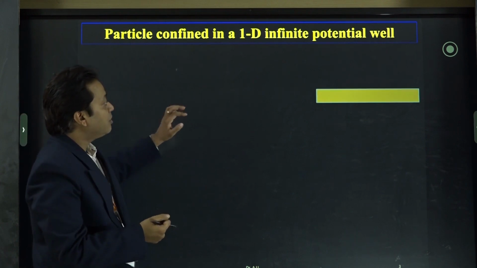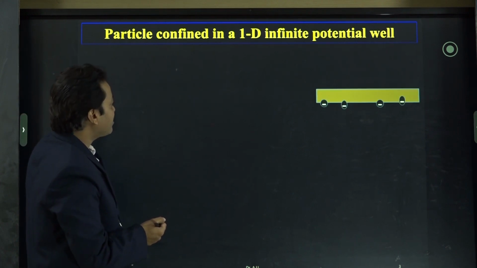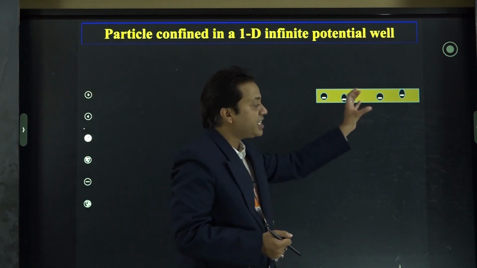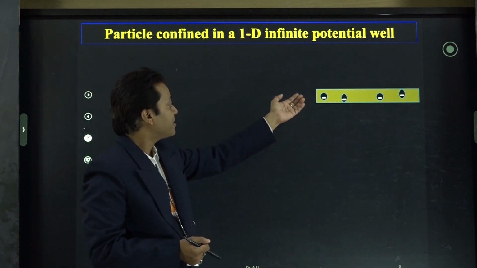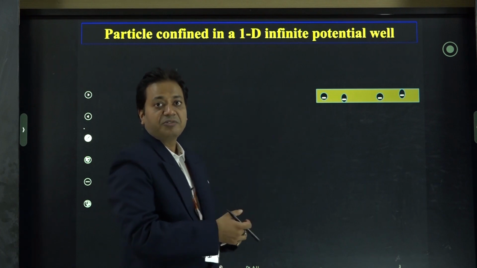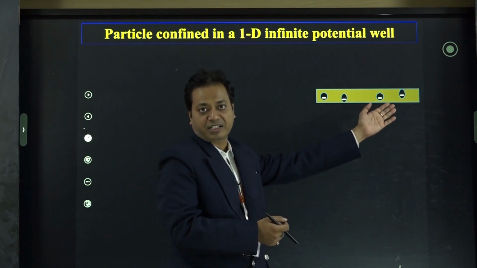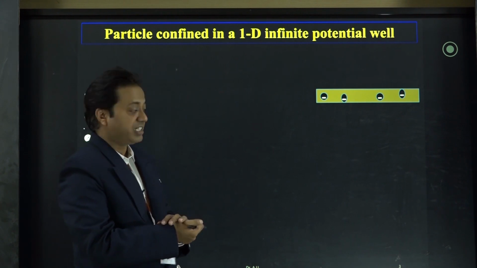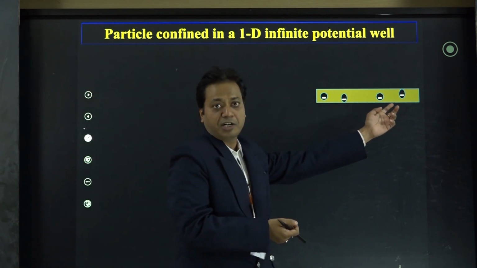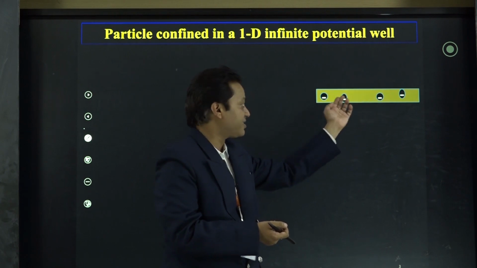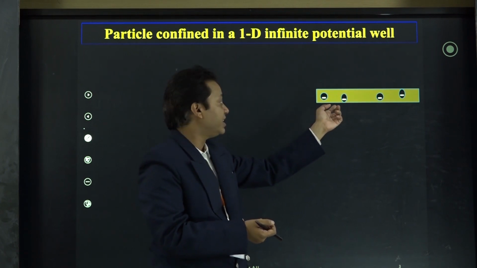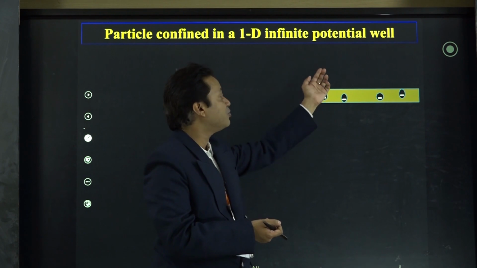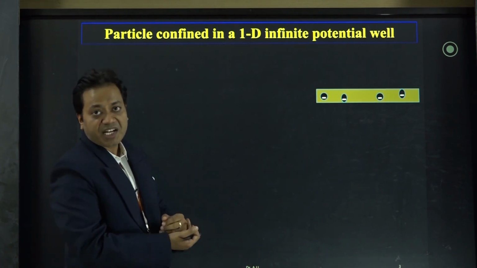To make this problem, let us assume we have a metal rod in which there are many electrons. So how do these electrons behave in a metal? This electron can move freely in a metal if we apply some potential, but this electron cannot move out of the metal. Why is it so?